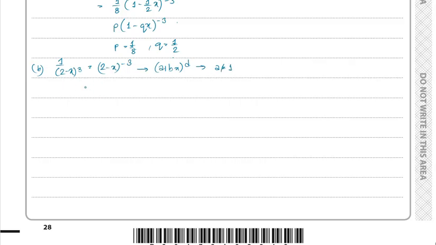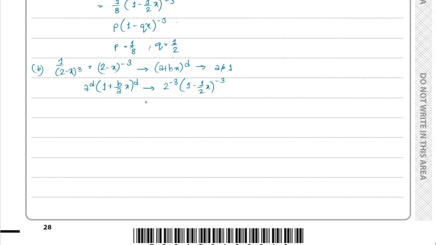So for that we get a to the power d, bracket 1 plus b by a x to the power d. And for the given expression, that would be 2 to the power minus 3, bracket 1 minus 1 by 2 x to the power minus 3.